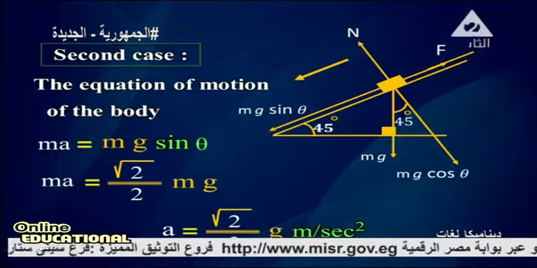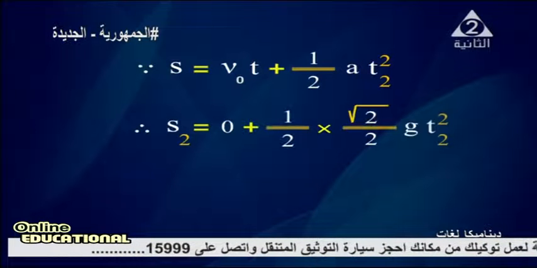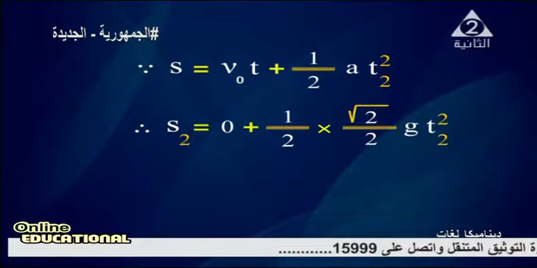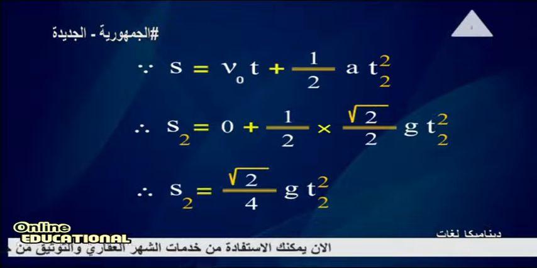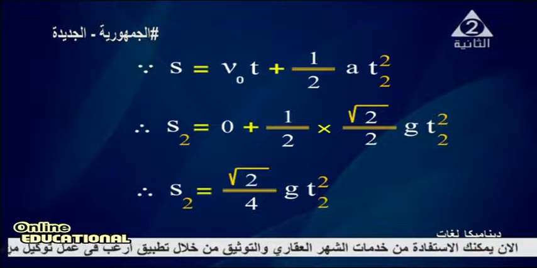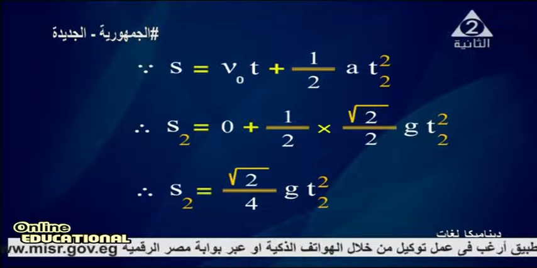Now we can use the rule S equals V naught t plus half a t2 power 2, where t2 is the time in the second case. S2 equals 0 plus half times root 2 over 2 g t2 power 2. S2 equals root 2 over 4 g t2 power 2. The body slides in the second case the same distance as in the first case.